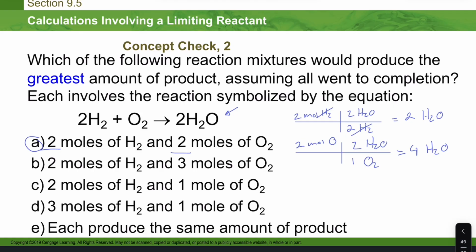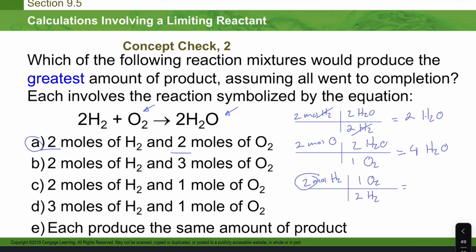I'm going to switch to approach A that we just went over so that I can see what the ratio I would need would be. So if I had 2 moles of H2, I'm going to convert that to O2 to see how many moles of O2 I would need. For every 2 H2, there would be 1 O2, which means that for every 2 moles of H2 I would need 0.5 moles.